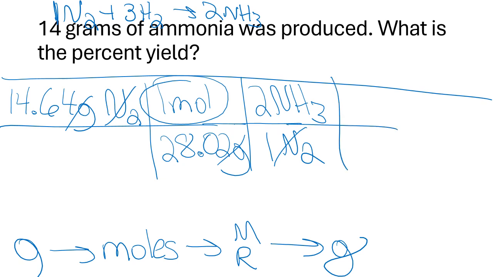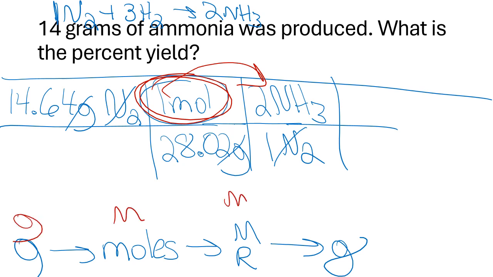Now we have to figure out how many grams this is. If we canceled everything out, we have moles here. Now if you want to go from moles to grams, you multiply by molar mass.